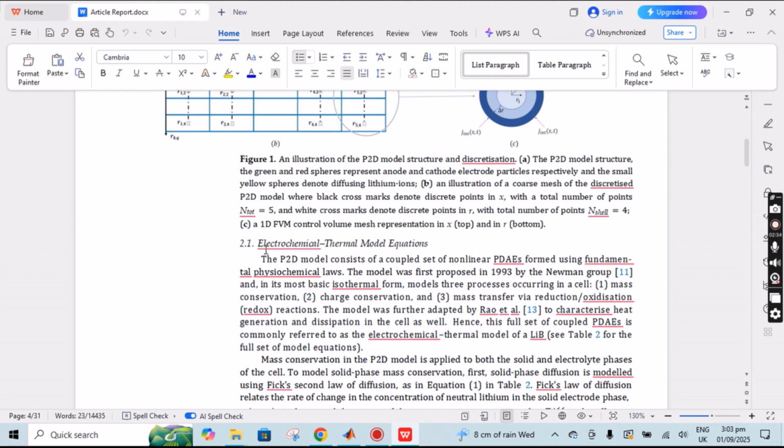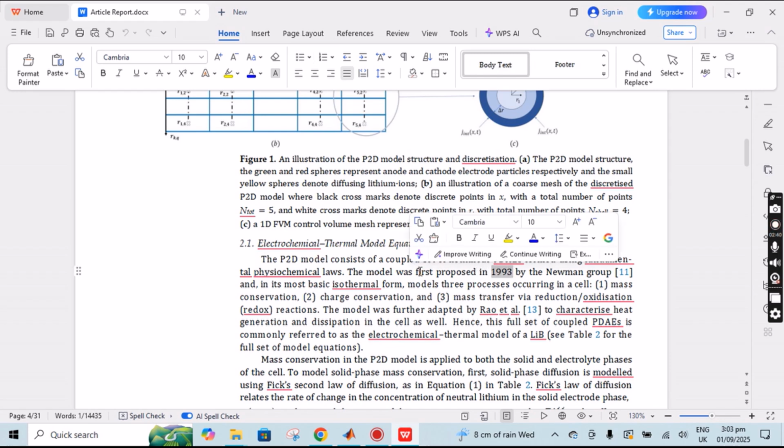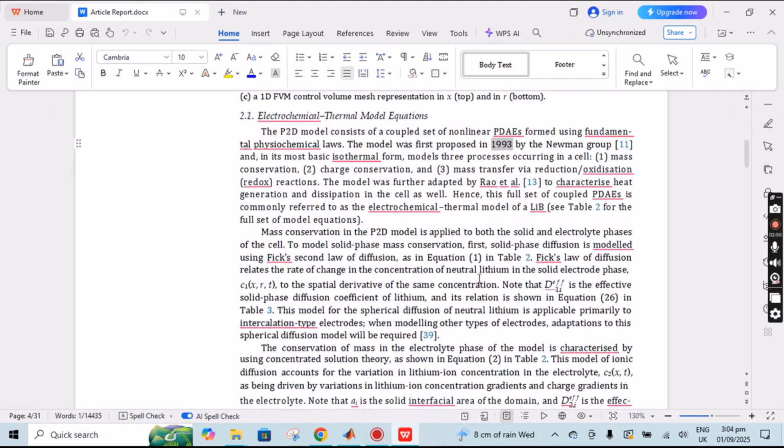The electrochemical thermal model equations used in our case. Basically, the first model was proposed in 1993 by the Newman group. But in our case, we have used the complete electrolyte phases of the cell, which is basically that the P2D model applies to both solid and electrolyte phases.